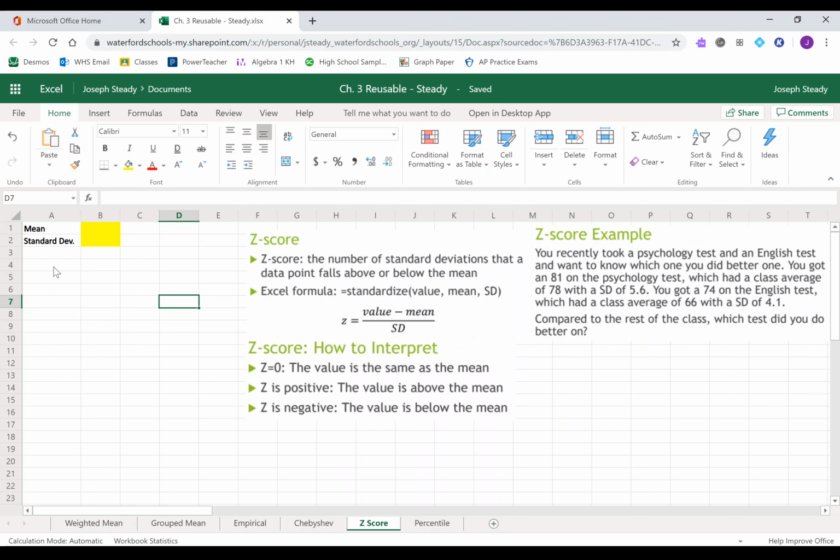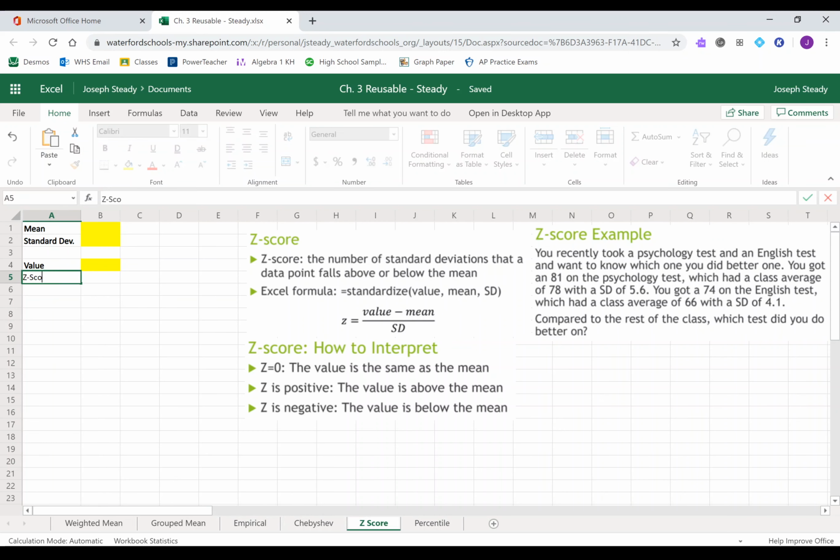Now, in order to actually calculate z-score, we have to tell Excel one other thing, which is the data point itself. So I'm going to put in value here. You can label this data point or specific data point, whatever you want to label that is fine. And then what Excel is going to spit out for us is the z-score. This is the final value that we're going to get. And again, the formula is pretty easy for this.